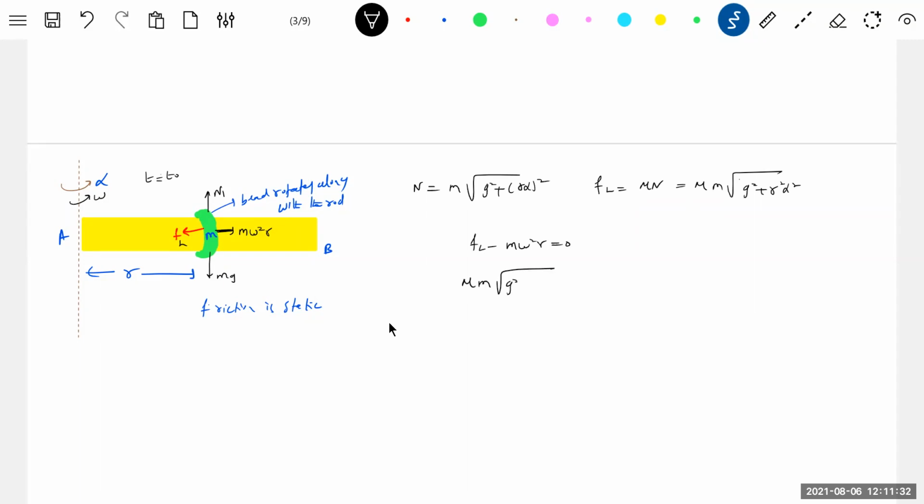We have taken it from m omega squared r, where omega is alpha t naught. So (alpha t naught) whole squared into r. Okay, mu m gets cancelled, so mu squared times (g squared plus r squared alpha squared) equals alpha squared t naught squared r. So t naught is needed, which will be mu over r alpha, again inside the square root of g squared plus r squared alpha squared.